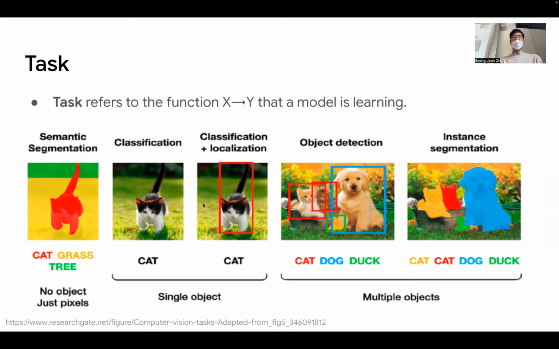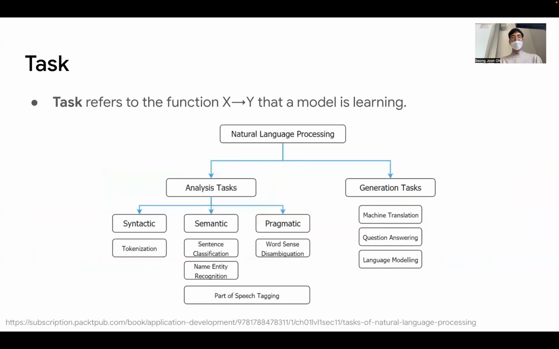For classification, you wish to have a single label that's output from the input image. Object detection, you wish to find all instances for each class in the image, and so on. So these are different instances of tasks, okay? And now the same is true for, let's say, natural language processing. So you can have sentiment analysis or some machine translation, which is turning your language into another language.